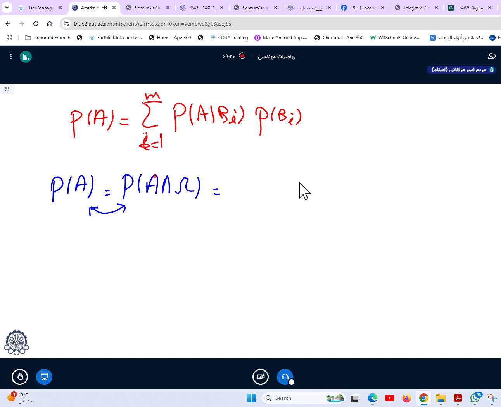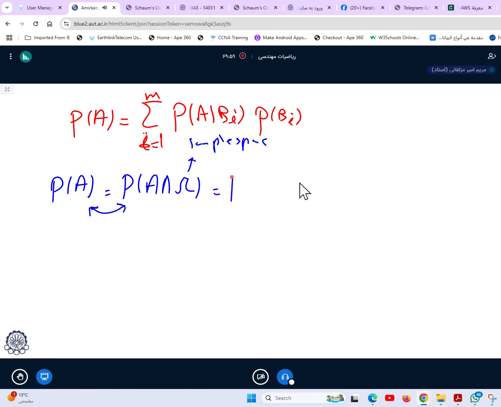We know that A is a subset of omega, so the intersection of A and omega, omega being our sample space, is A. Probability of A intersection with sample space is equal to probability of A, because the intersection of any event with sample space is equal to that event. Is it clear? Any question?